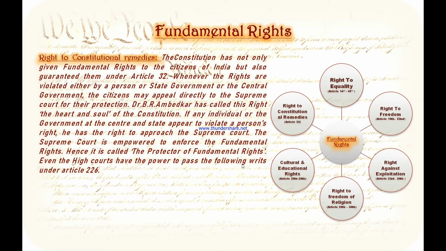If any individual or the government at the center and the state appears to violate a person's right, he has the right to approach the Supreme Court. The Supreme Court is empowered to enforce the fundamental rights. Hence, it is called the protector of fundamental rights.